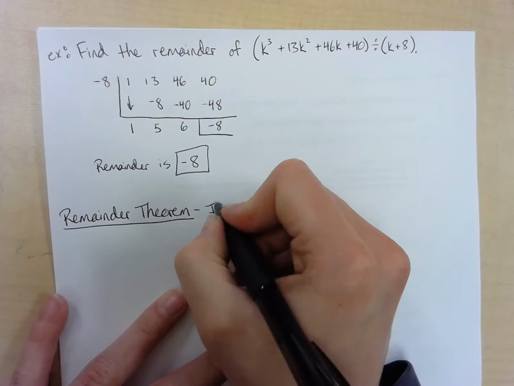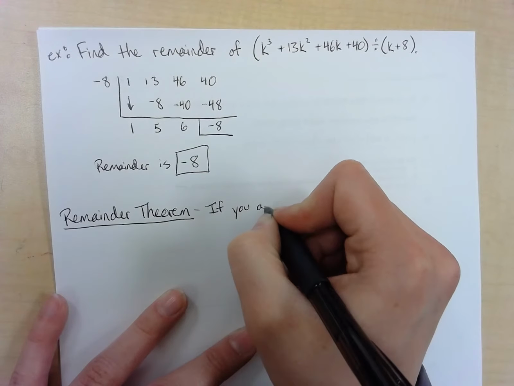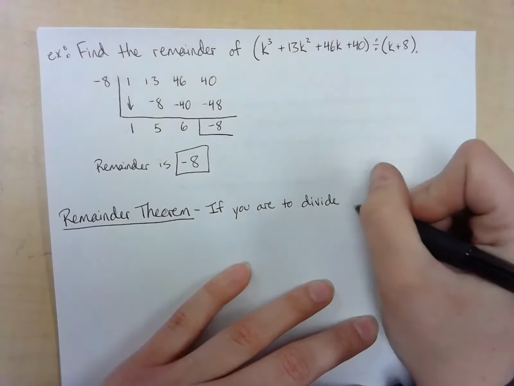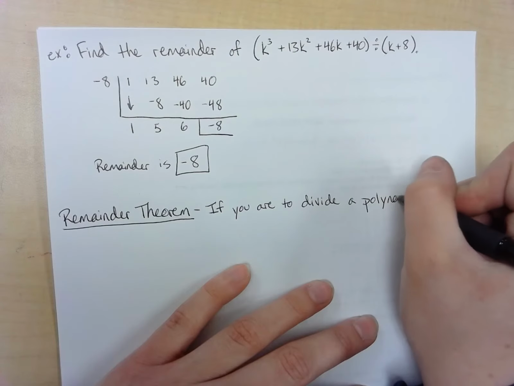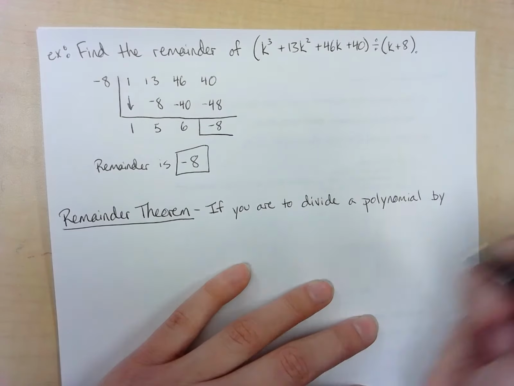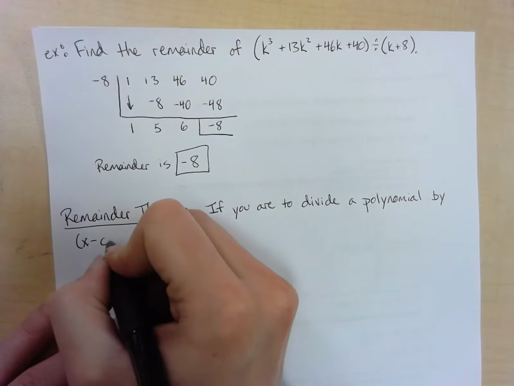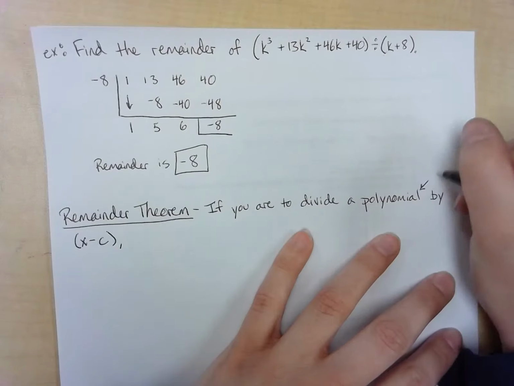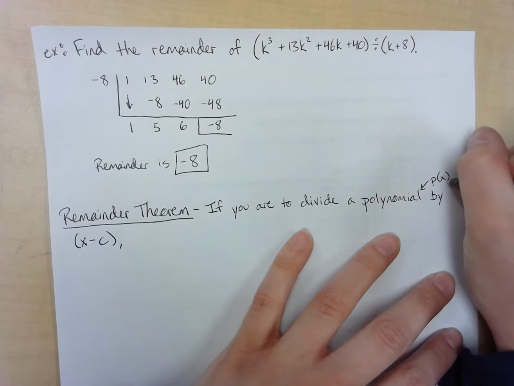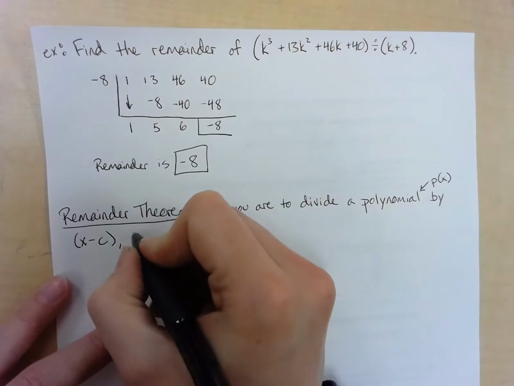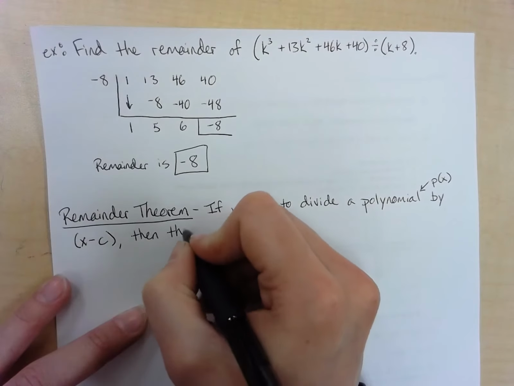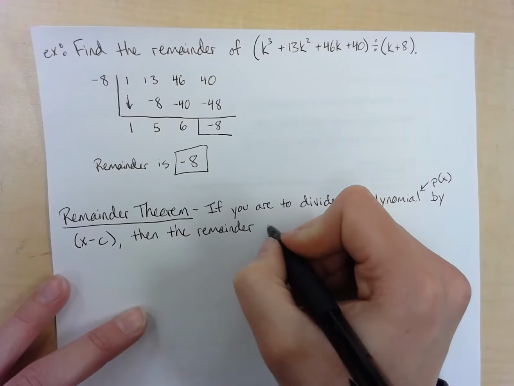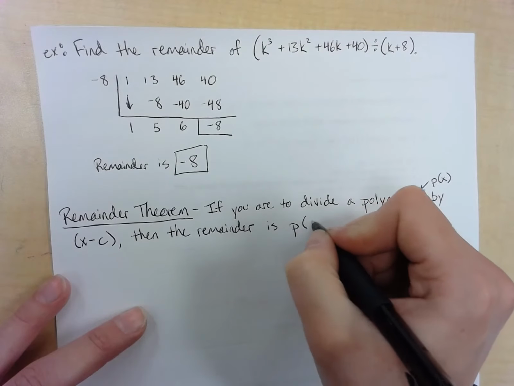Basically, if you were to divide a polynomial by x minus c, and let's call this p of x, p for polynomial, and the remainder is p of c.